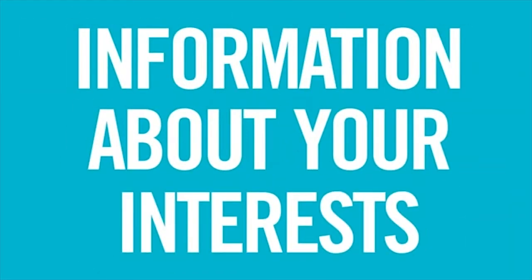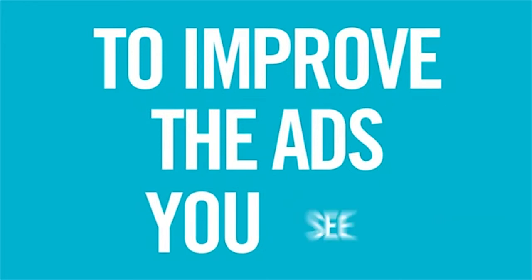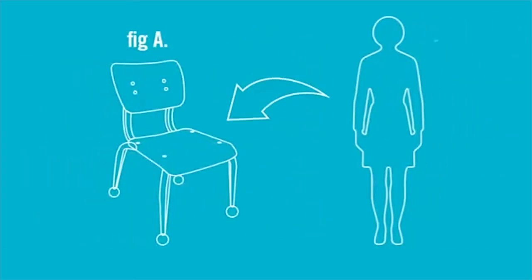Let's assume you see the Ad Choices icon, and you know it tells you when information about your interests is being gathered or used to improve the ads you see. Now what? For starters, let's be clear about two things. Are you sitting down? Good. Here goes. 1.